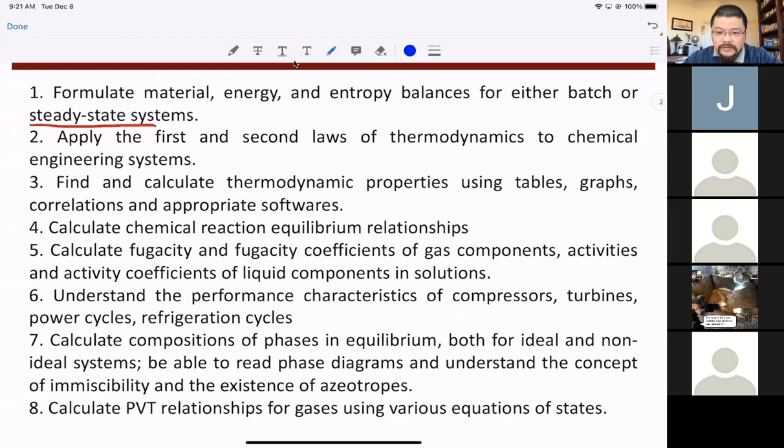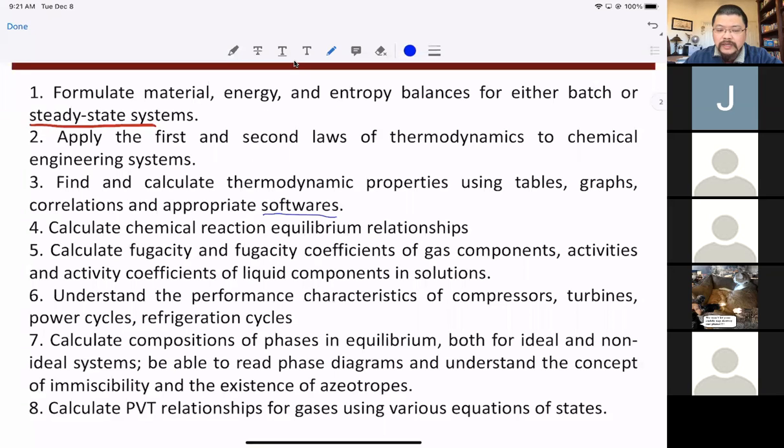Those would be the requirement for the thermodynamic property calculations. And for many numerical calculations, it's not very easy to figure that out by hand calculation.